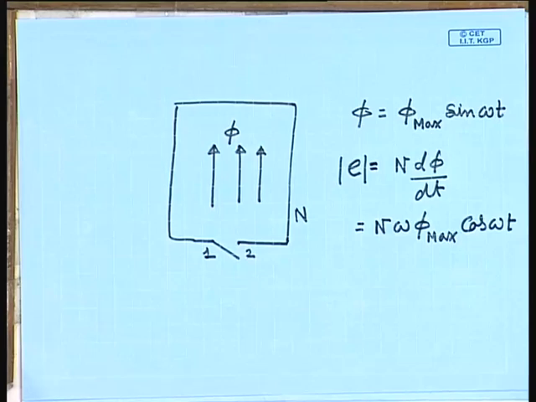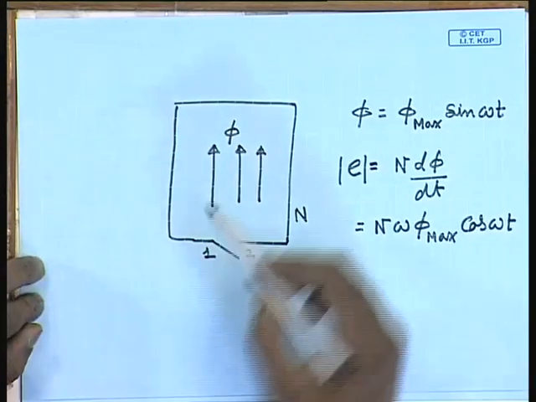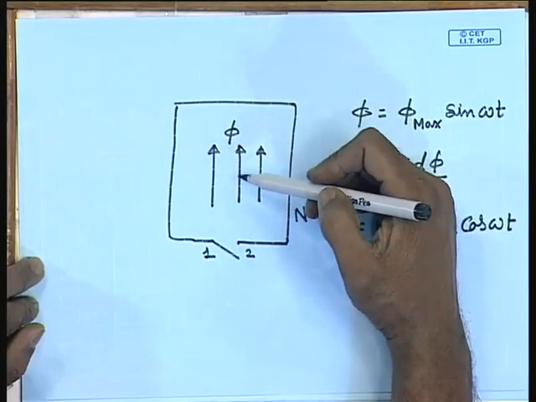And the polarity of the induced voltage will be such that it will tend to oppose the very cause due to which it is produced. What is the cause? The changing of the flux.